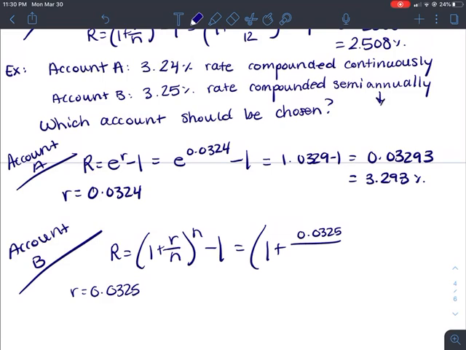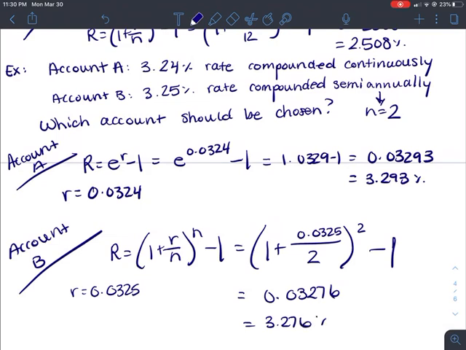Okay, so this is n equals 2. Divided by 2, raised to the 2nd power, minus 1. Okay, so this gives me 0.03276. And when I multiply that by 100, that is 3.276%. Okay, so in this case, 3.293 is bigger than 3.276.